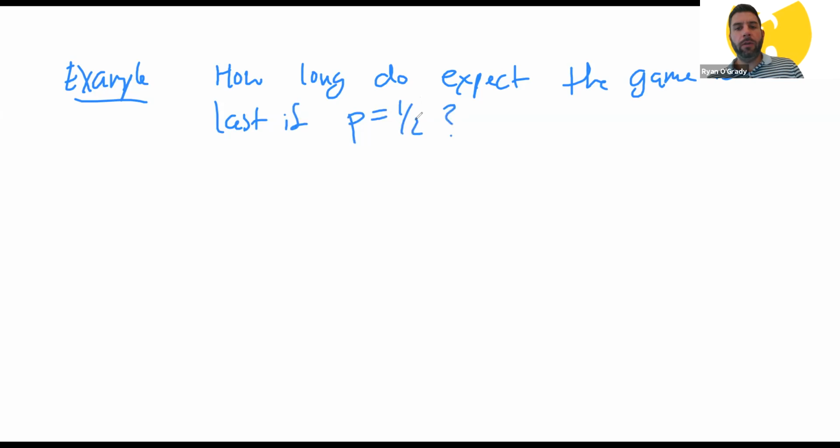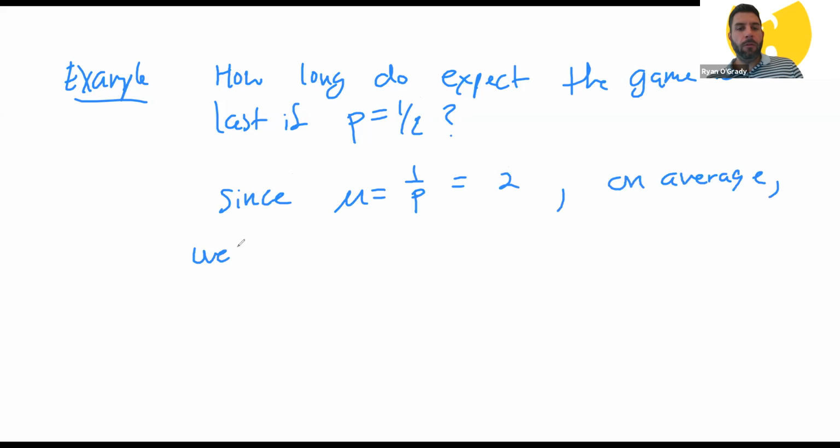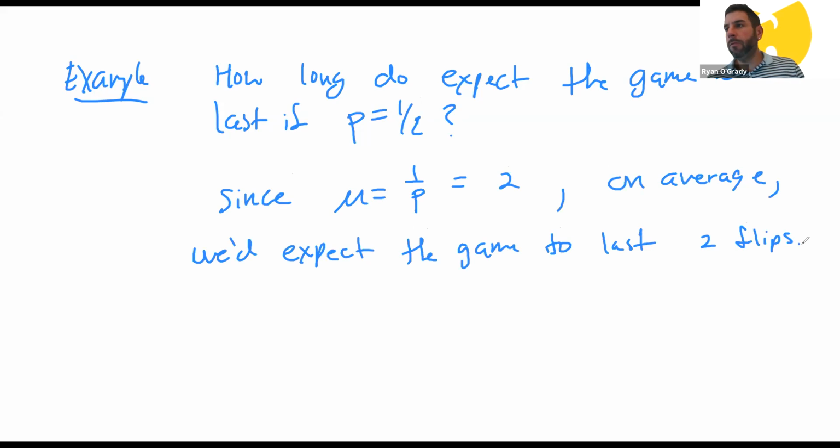Well, that's a fair coin. Since mu equals 1/p would be 2, on average we'd expect the games to last 2 tosses, or 2 flips.